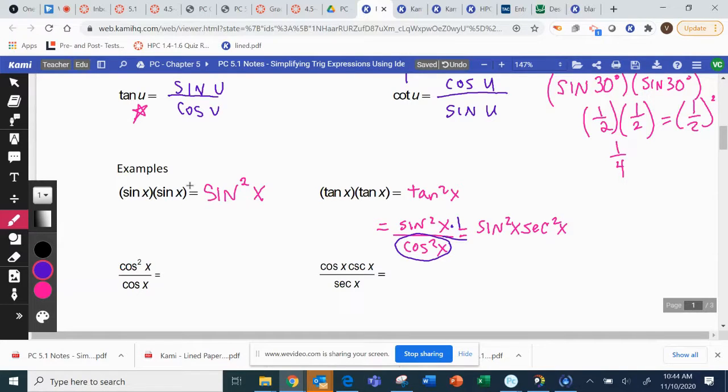So I replaced 1 over cosine and made it into secant. If I wanted to, I could write this, secant squared x over cosecant squared x. How'd I do that? I didn't flip it, but I replaced it. I substituted sine with 1 over cosecant.